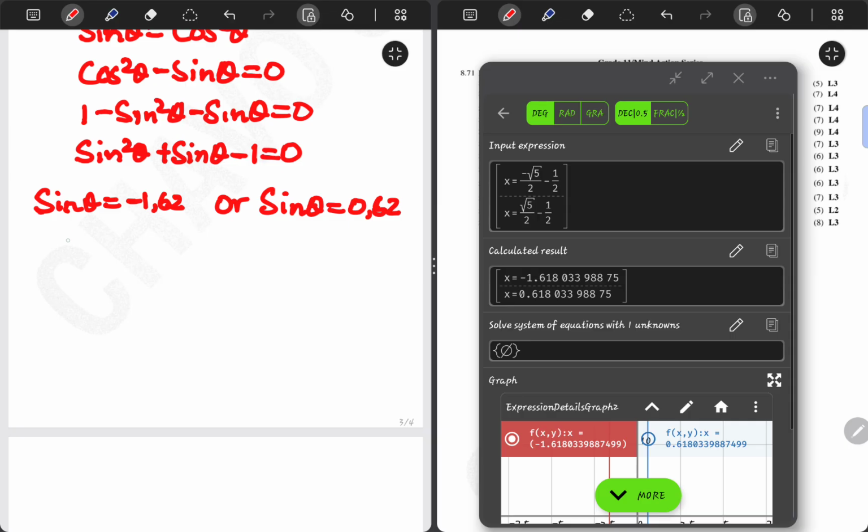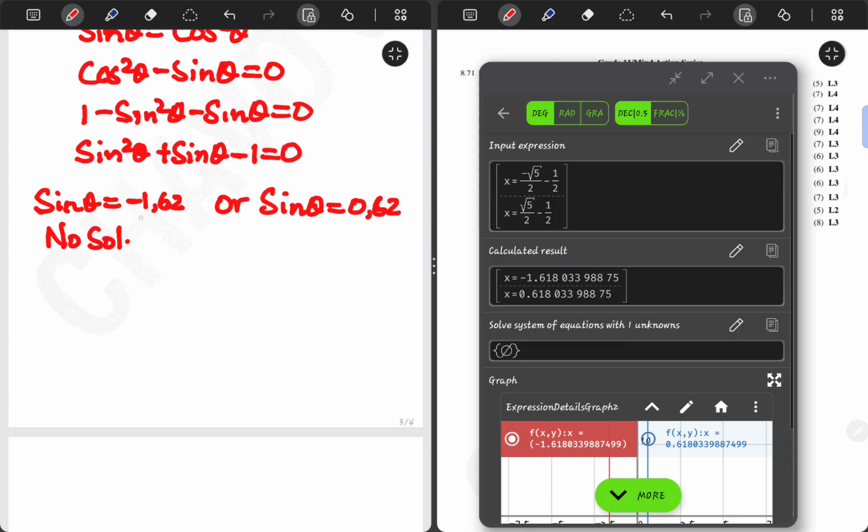So this one, guys, will be no solution. Why? Because the minimum is already below negative 1. The minimum must be the basic. If you remember well, the basic sine graph, its minimum is negative 1 and its maximum is positive 1.